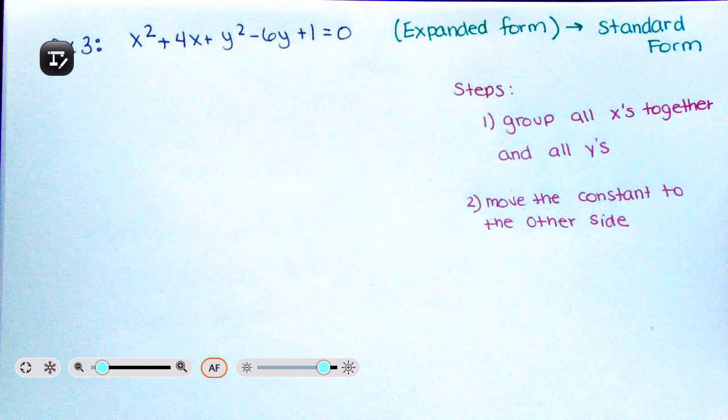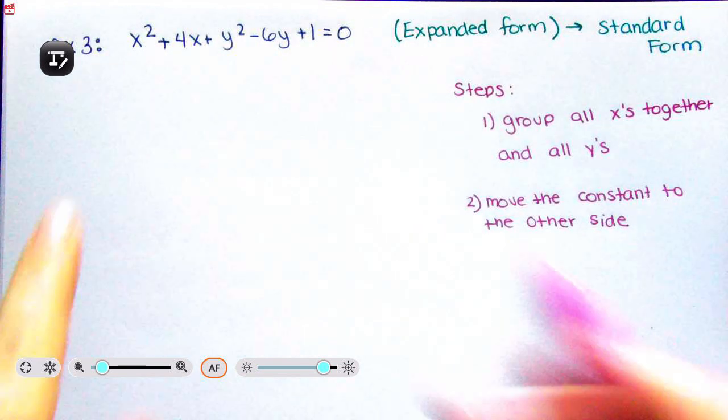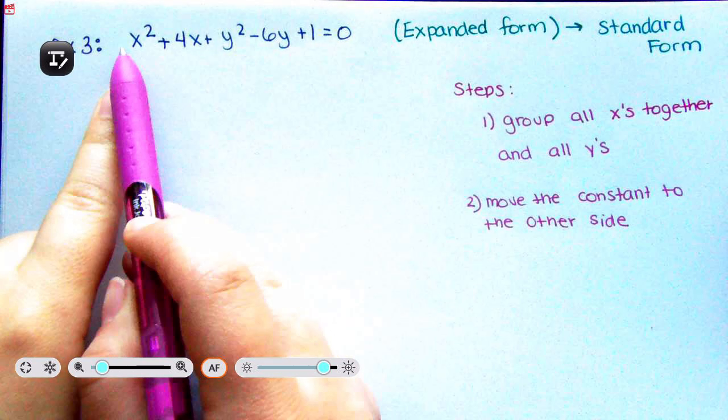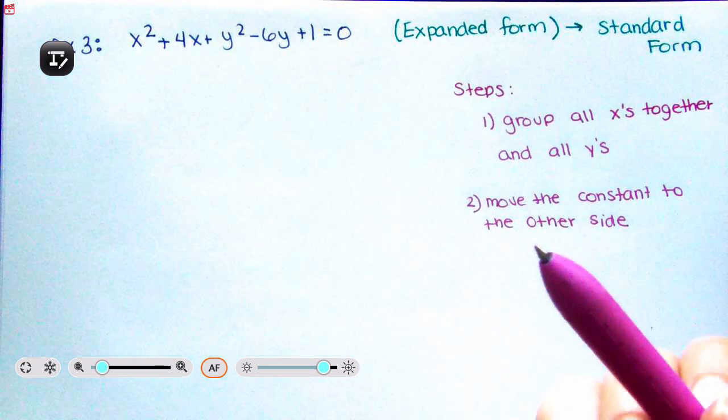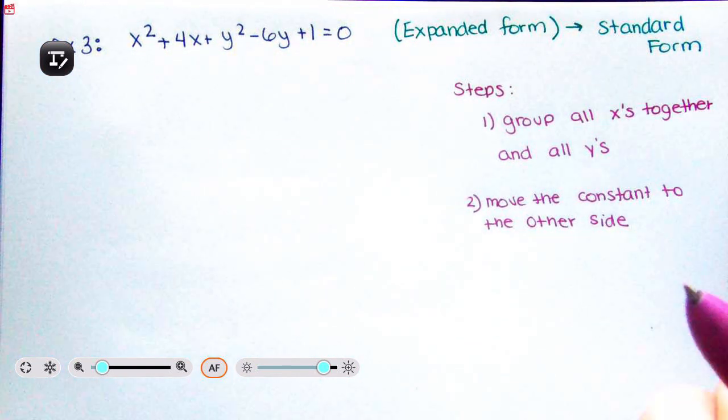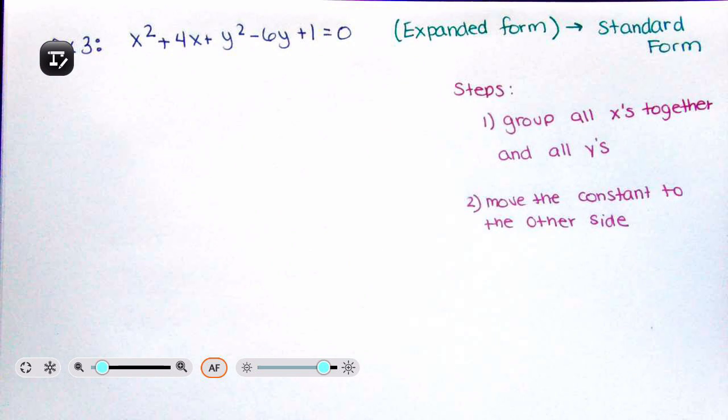If you need to divide something, like if you have a variable here, you have to divide all terms. In this example, there is no coefficient, and in expanded form, you probably shouldn't run into something with a coefficient out front because it is the expanded form of a circle. If you do, just divide it out, but you're pretty much not going to have that.